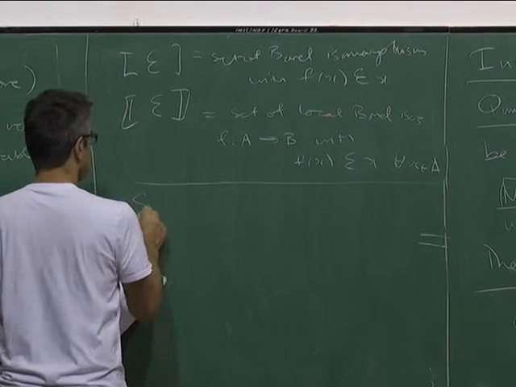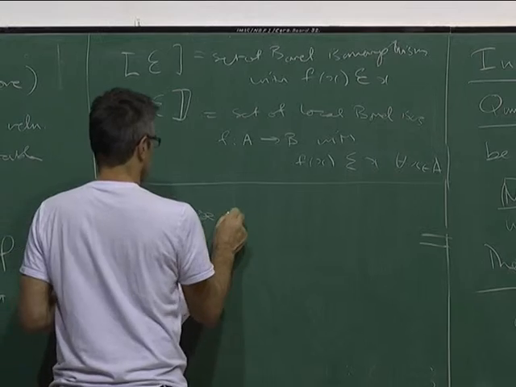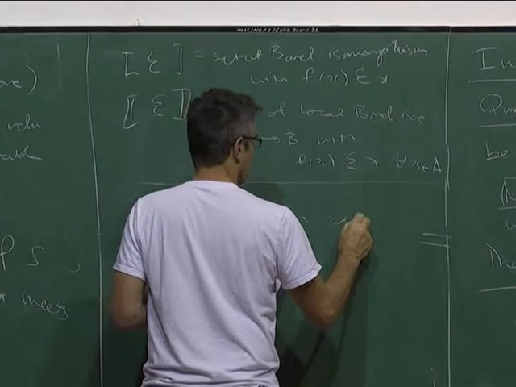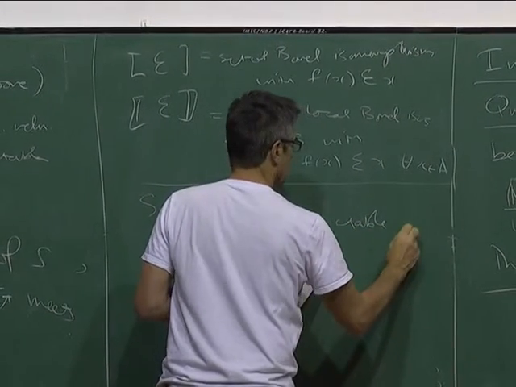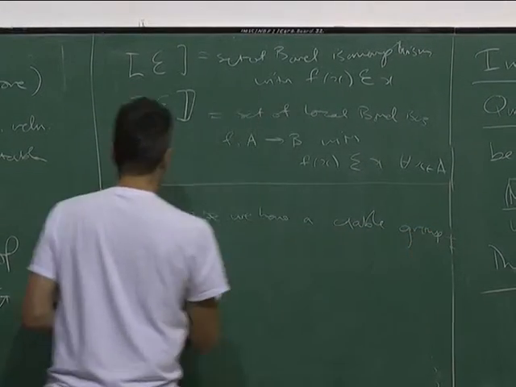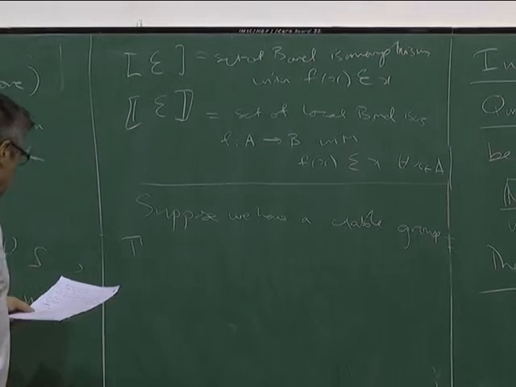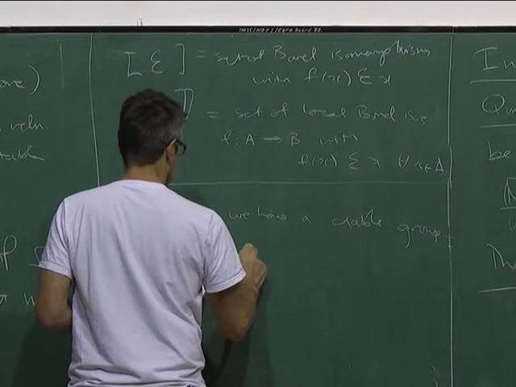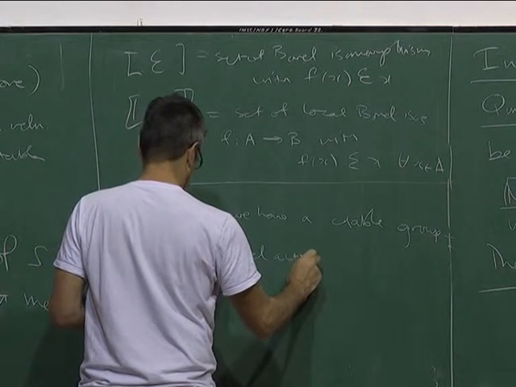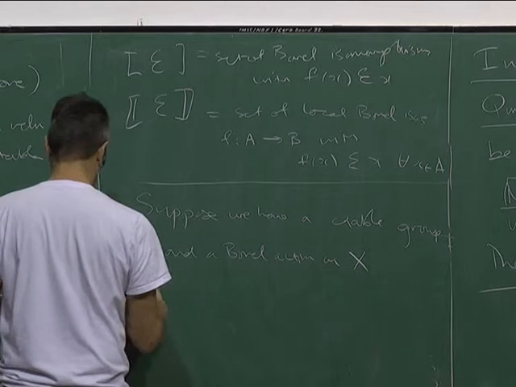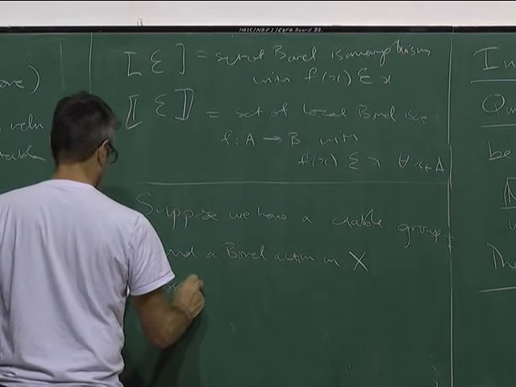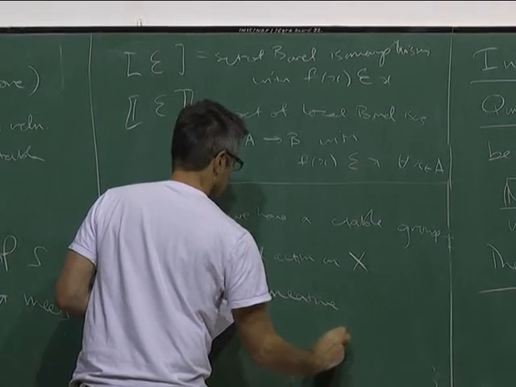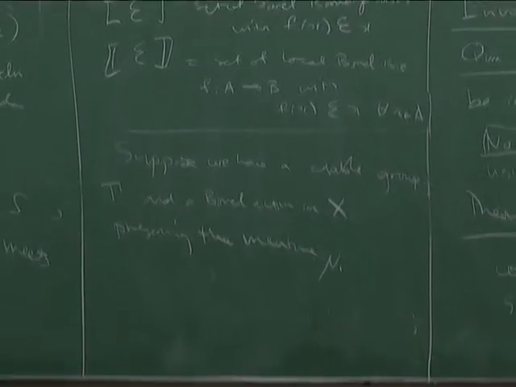So let's suppose now a countable group, which could be one of these amenable groups, could be the free group, preserving the measure mu.